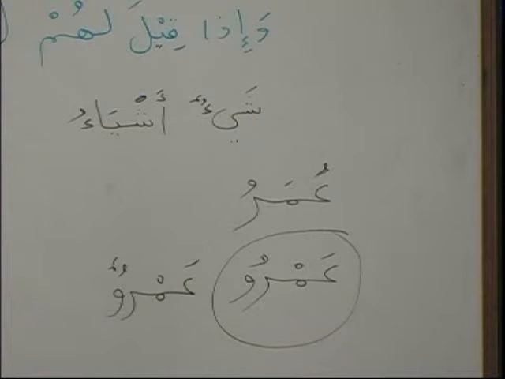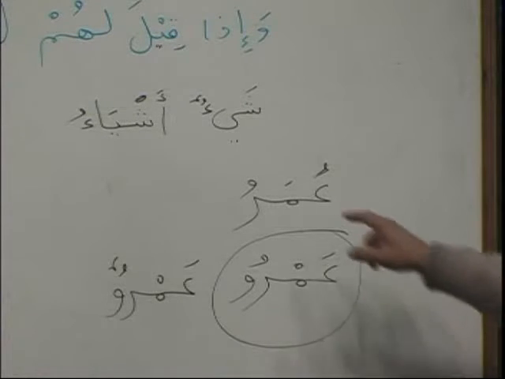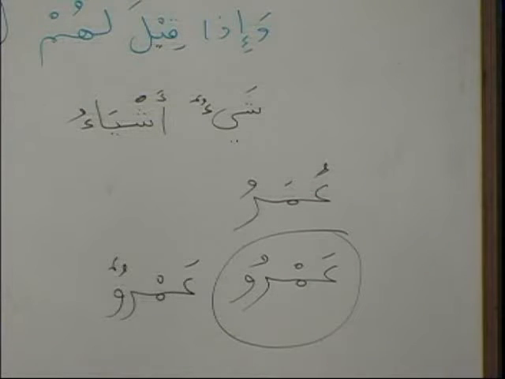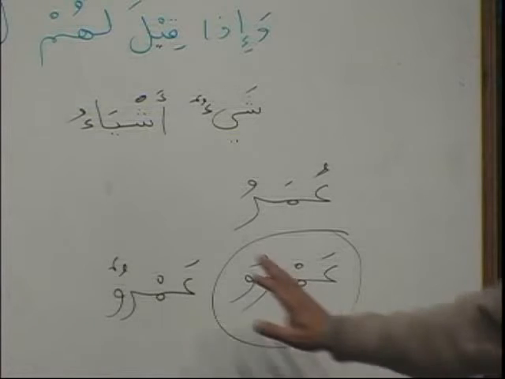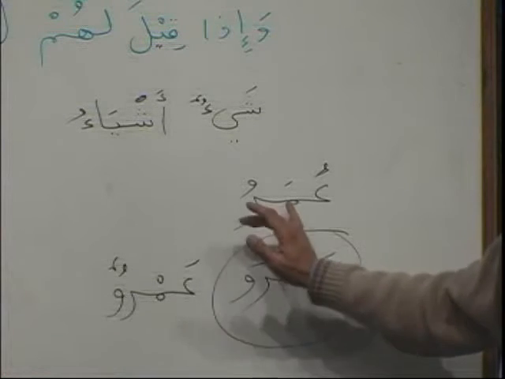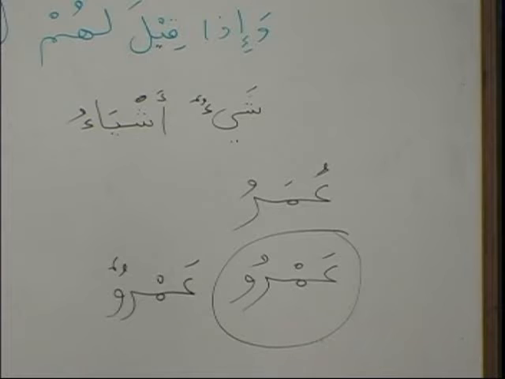It is only written. Why? Just to differentiate between these two. Actually, it is Amrun. And if you say Ya, then one Dhamma has to go away. So if there is no vav, it will be very close to Umar. In order to differentiate, there is a spelling rule in this. Okay? Inshallah, you will keep this in mind and follow it.